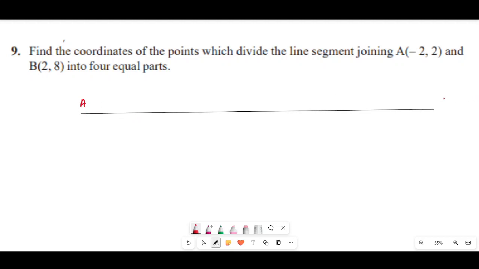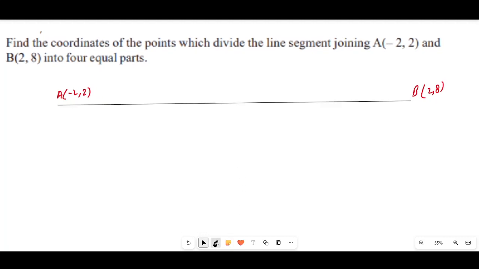This is A and this is B. Now we will divide into 4 equal parts. So first we should divide in the middle, then the middle of the other parts. Here we will take P, after this will be Q, and this will be R.